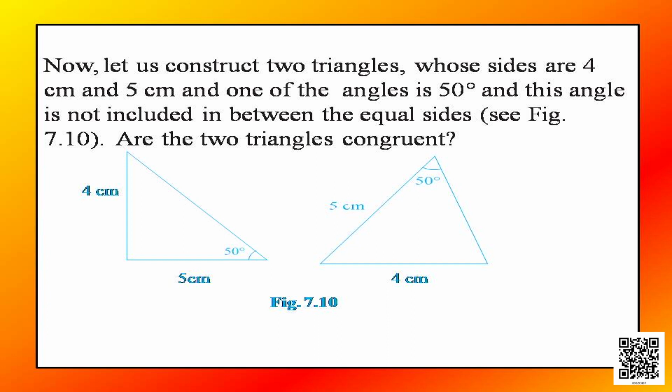In the same way, in the second diagram, here also two sides are of 5 cm and 4 cm and one of the three angles is 50 degree. Here the two arms of the angle are not of 5 cm and 4 cm. Only one arm is of 5 cm.